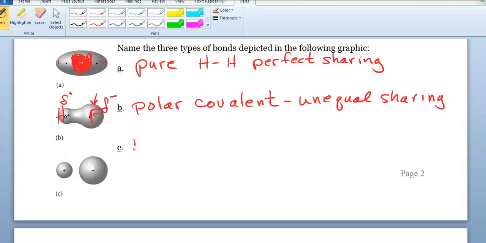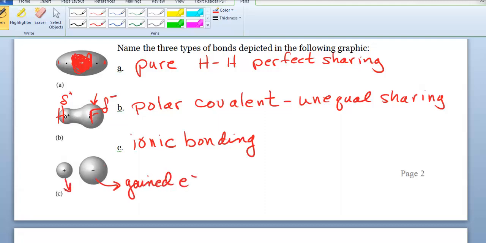Finally, this last picture here demonstrates ionic bonding. And so in ionic bonding, this one has gained an electron, and this gave up an electron. And that's why you can see this positive charge for that one has occurred, and this atom over here took the negative charge.